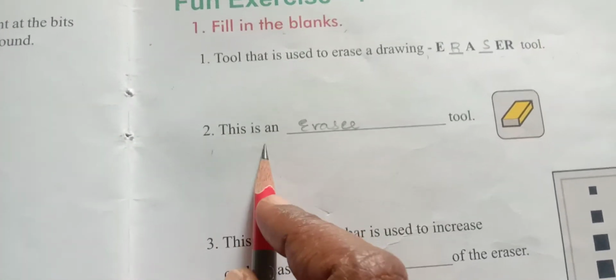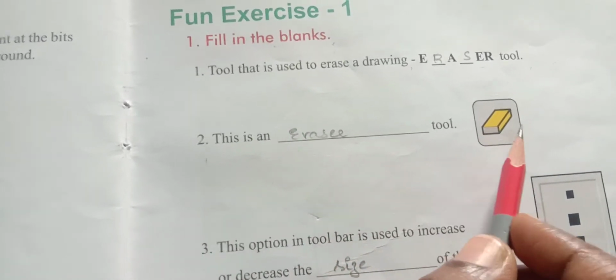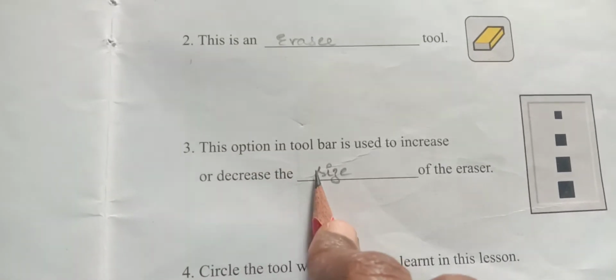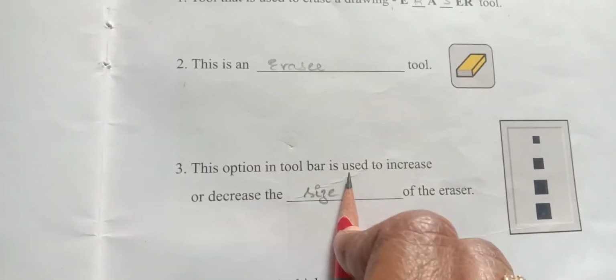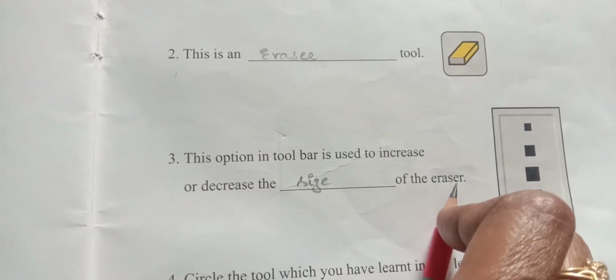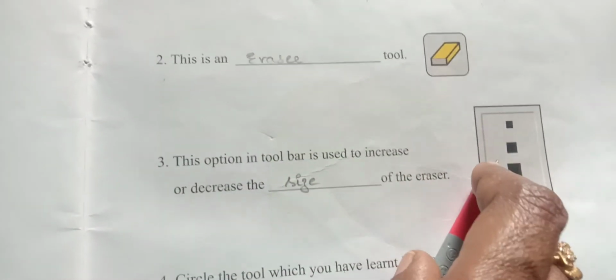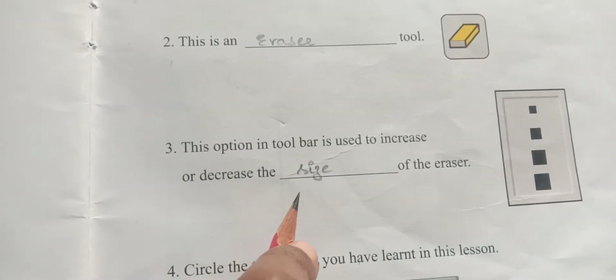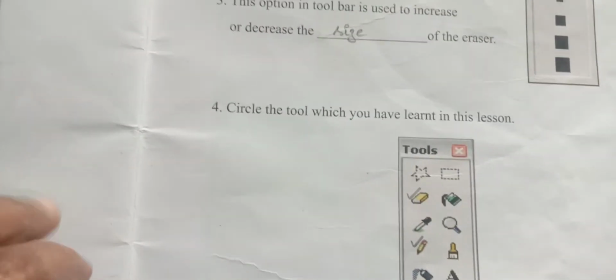Second one, this is an eraser tool. Third, this option in the toolbar is used to increase or decrease the blank of the eraser. It helps us to increase the size of the eraser, so you need to write size.